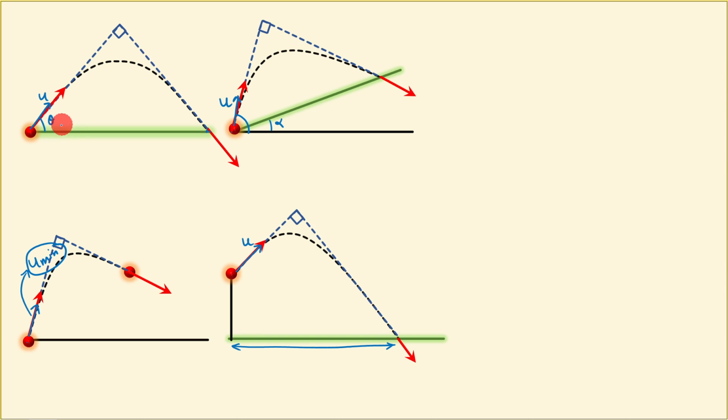You already know that for the maximum horizontal range, the angle theta must be 45 degrees. By symmetry, when this ball lands at this point, the velocity vector makes the same angle of 45 degrees with the horizontal. So in this first figure, it is clearly evident that the initial and final velocity vectors make 90 degrees with each other.